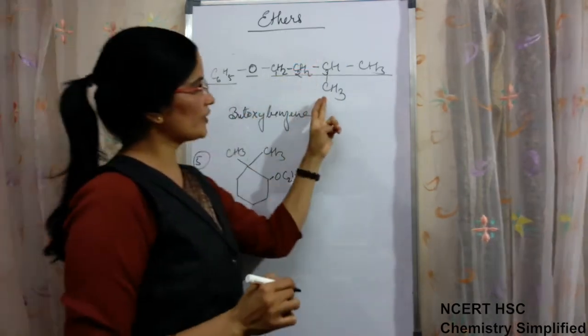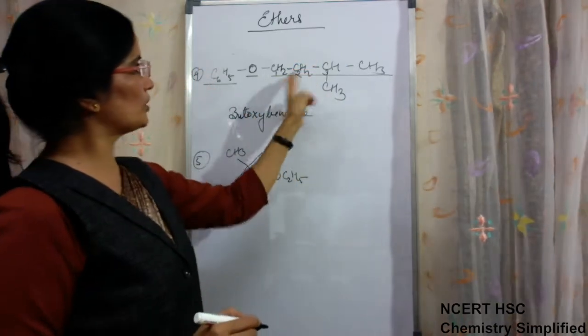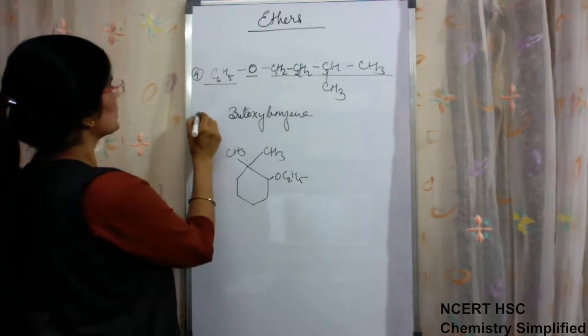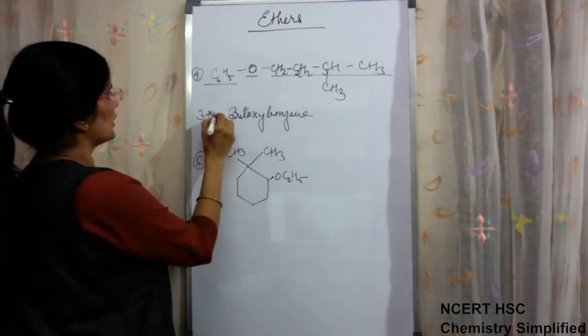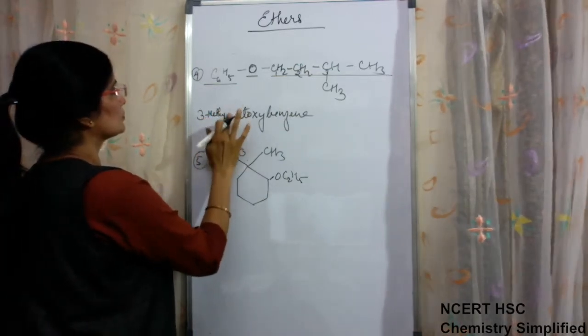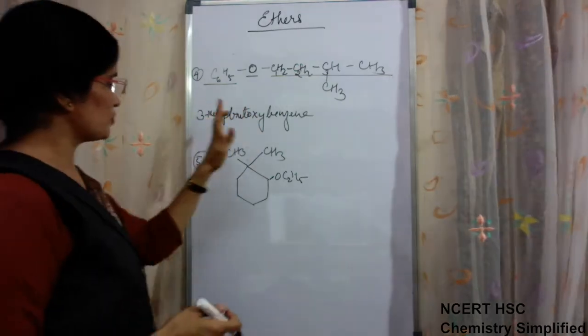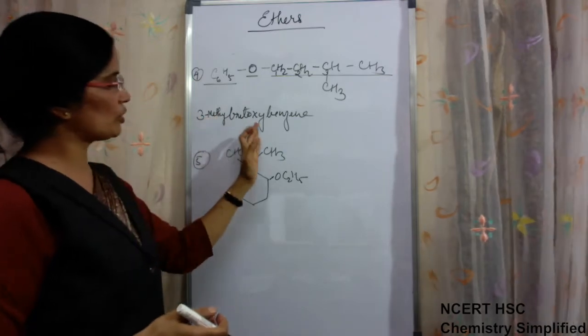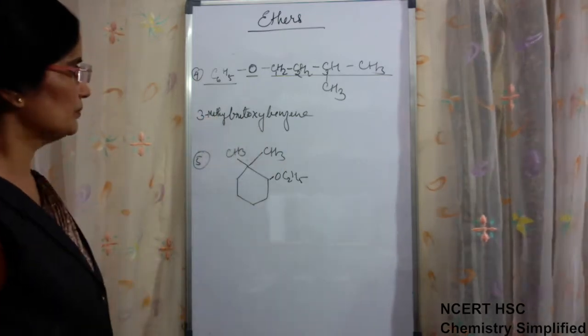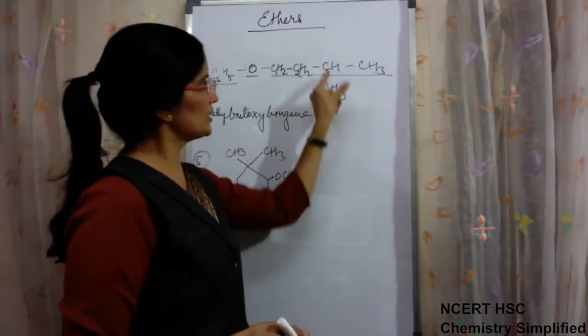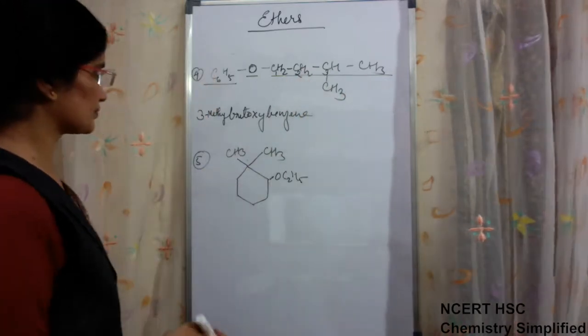On the third carbon atom there is a methyl group on this butoxy. So 3-methyl, M should be capital, 3-methylbutoxybenzene. Okay, so this 3-methyl is actually the subpart of this chain.